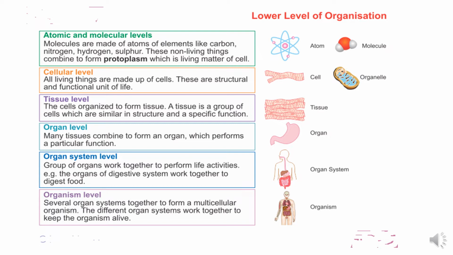Atomic and molecular level: molecules are made of atoms of elements like carbon, nitrogen, hydrogen, sulfur. These non-living things combine to form protoplasm, which is the living matter of the cell.